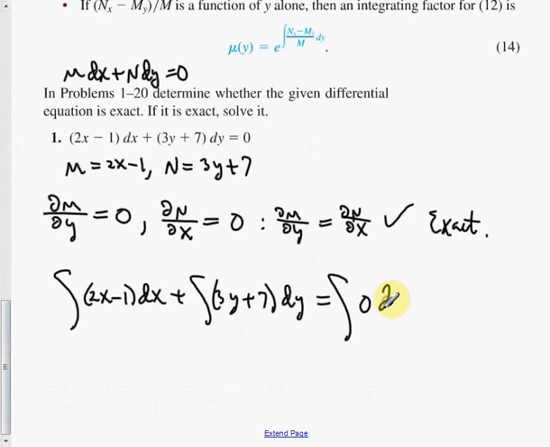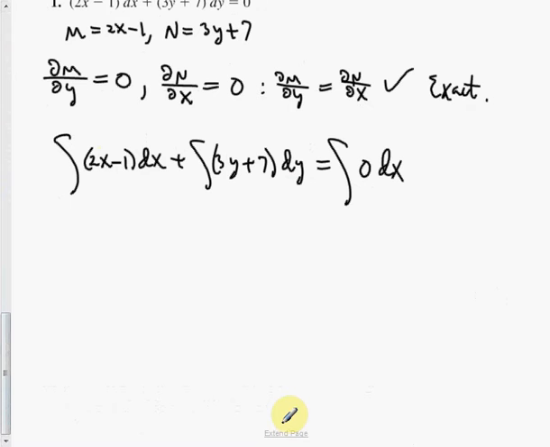Integral of 0 dx. So here I integrate there. I get x squared minus x plus 3y squared over 2 plus 7y is equal to c.